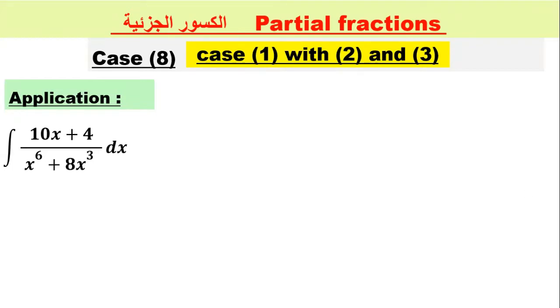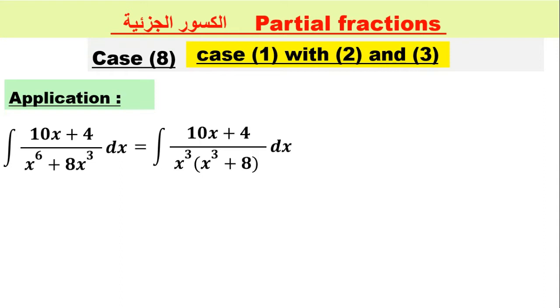And to solve this integral, you should factorize the denominator. So we are going to take x^3 as a common factor, and then we have a bracket x^3 + 8.